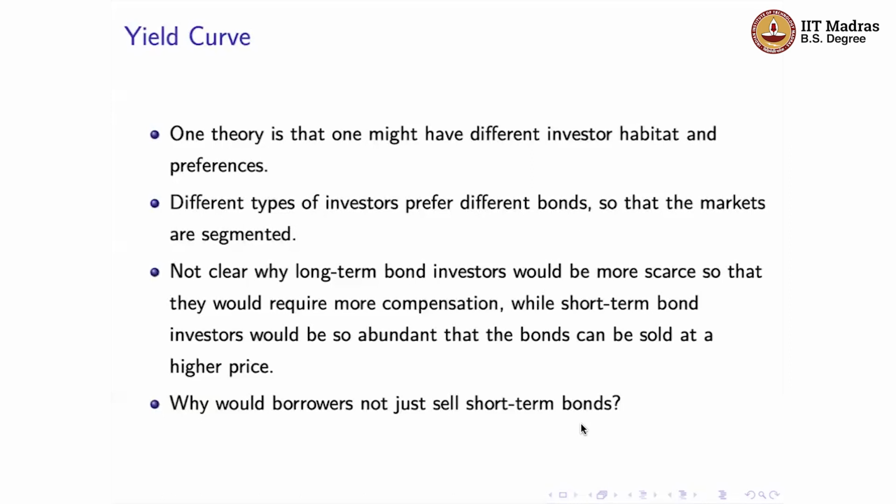So that is one question from the purchasers of the bonds, right? The bond investor side. The other story that this theory would need to explain, and it is not clear why it might be the case, is that if you do indeed have the case where the short-term bonds are offering a much smaller interest rate compared to the long-term bonds, then why aren't buyers just selling these short-term bonds, right?